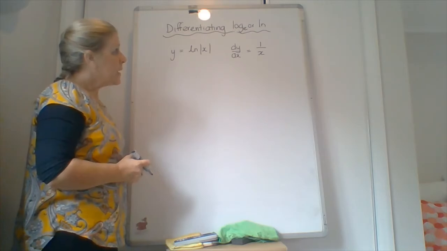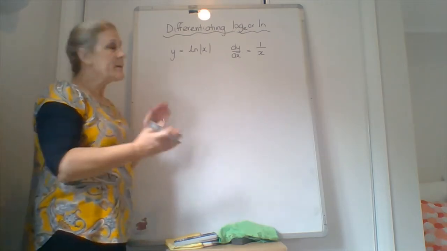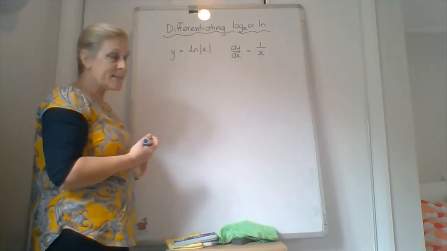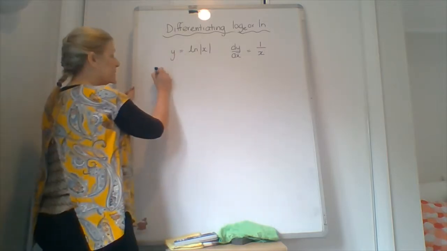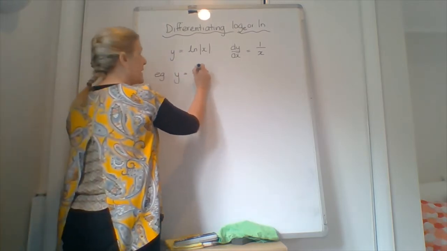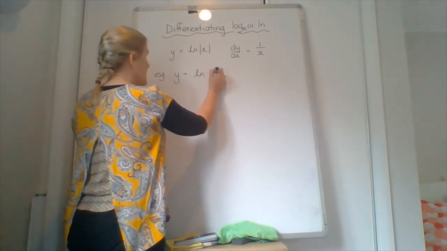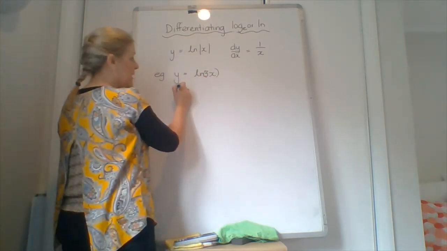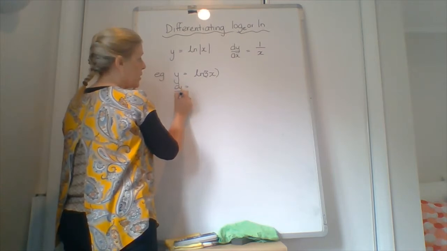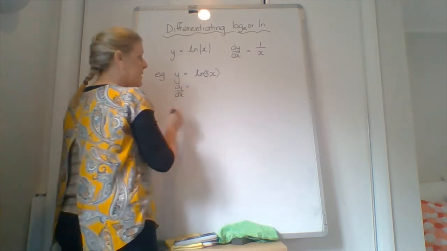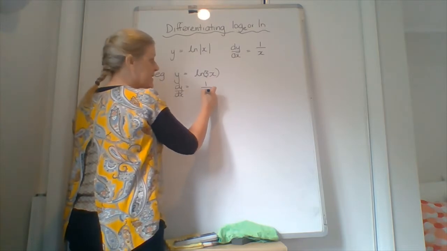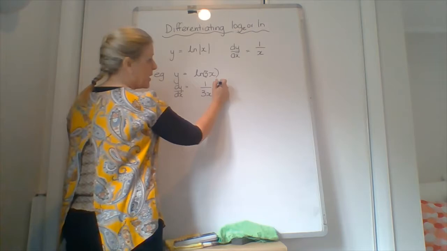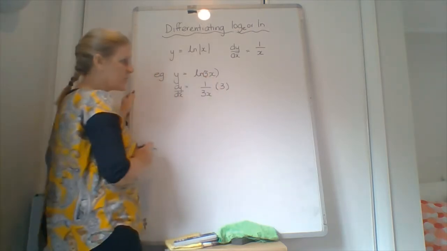So when we use this, we are taking whatever is following the ln. So we should try and keep these things in brackets. Let's have a look. If we've got y equals ln of 3x, then when we differentiate it, we get 1 over 3x, but it's the chain rule too, so we have to multiply by whatever 3x differentiates to.